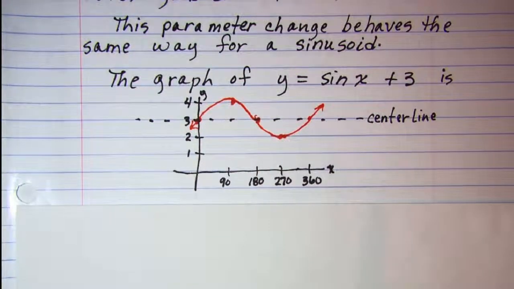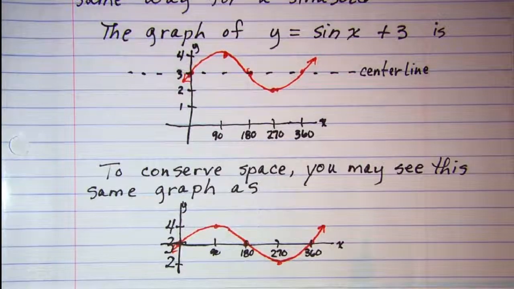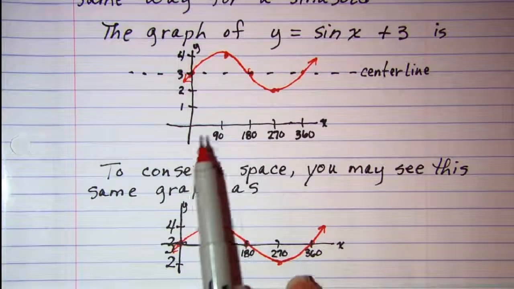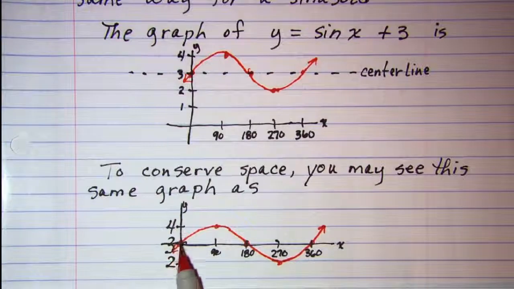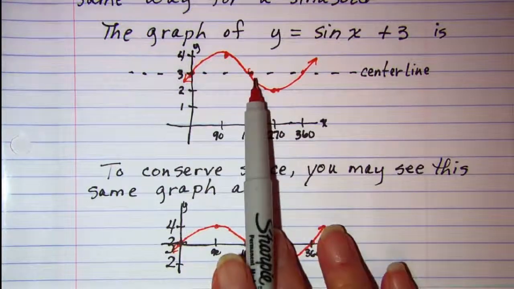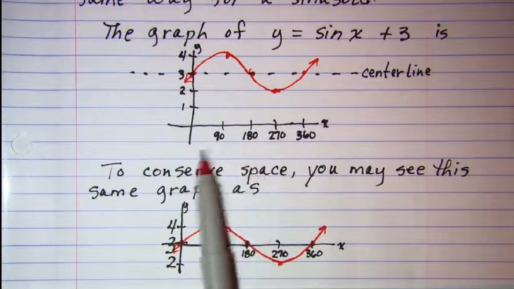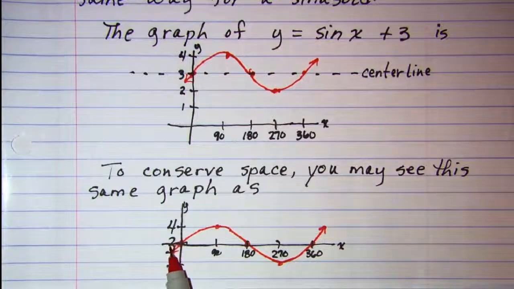Now, to conserve space, sometimes you'll see that curve shown this way. The x-axis, or the horizontal, is still labeled the same way. It's just that instead of moving everything up and showing the whole coordinate plane, we show this horizontal axis at 3.